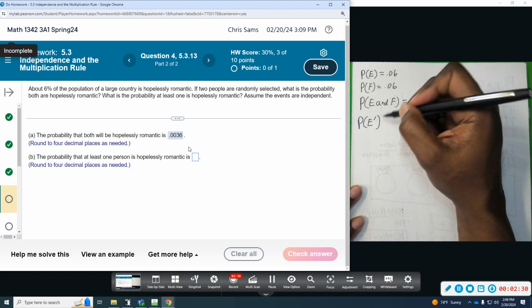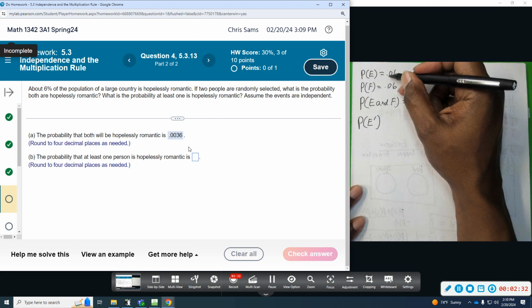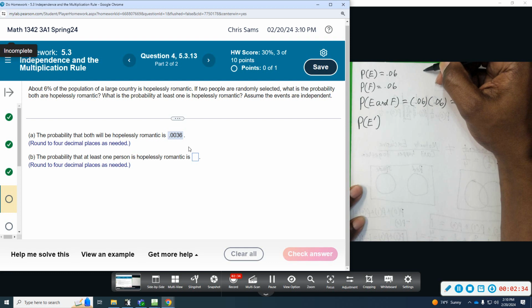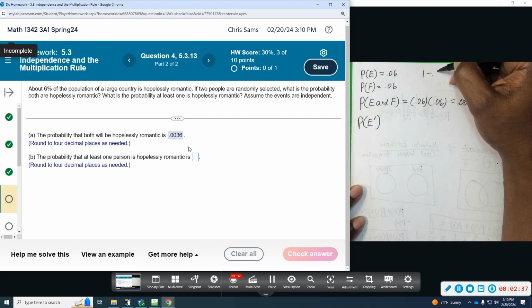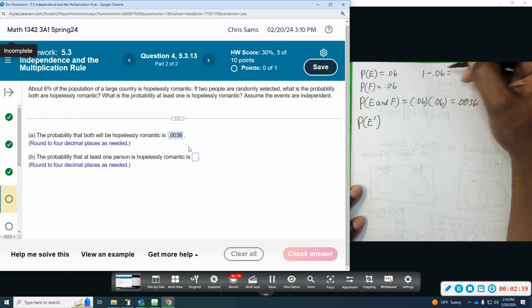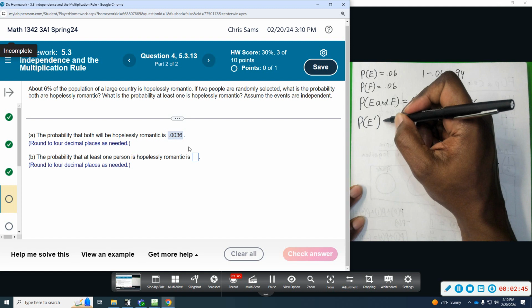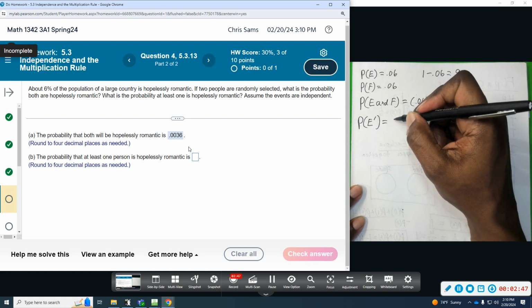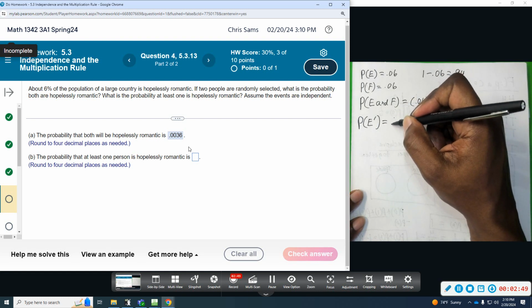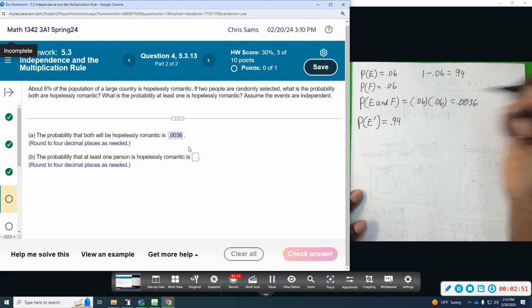The probability they're not, it's going to be the opposite, the part that makes it 100. So if you think about 1 minus the probability of being a hopeless romantic, you get the probability that you're not, which is going to be 94%. So the probability that someone is not a hopeless romantic is 0.94.